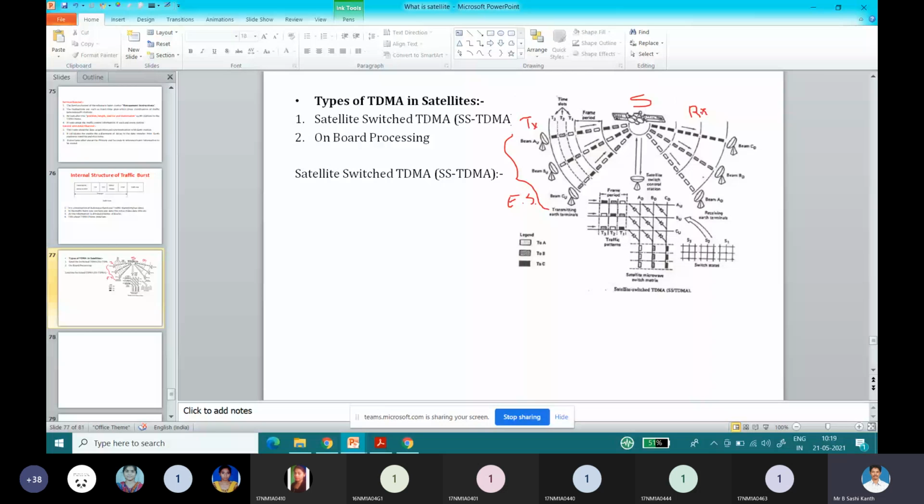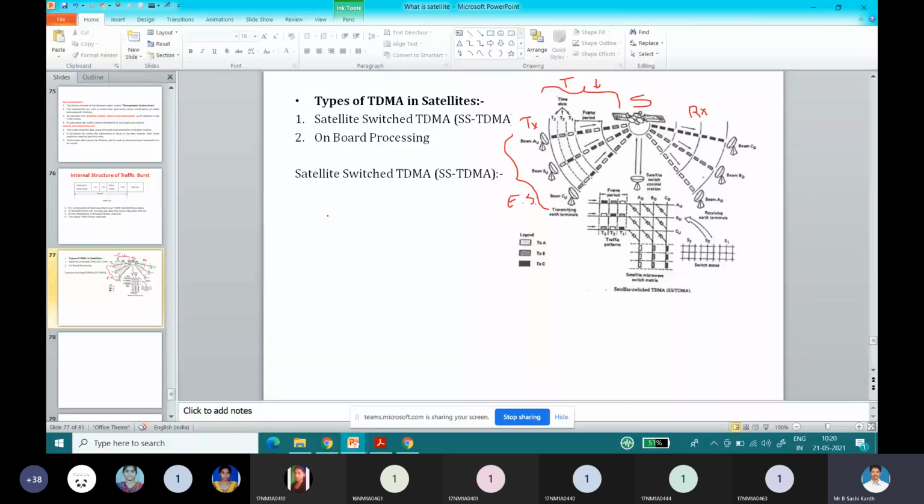They are represented with time slots and frames.